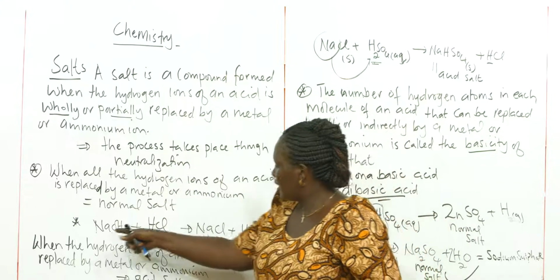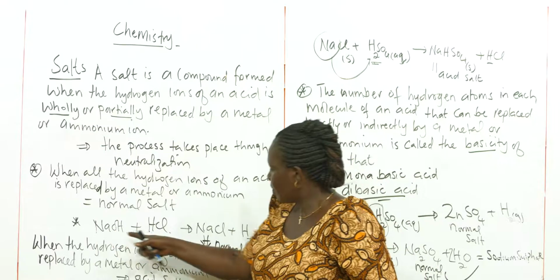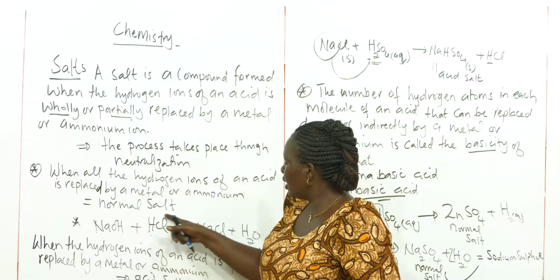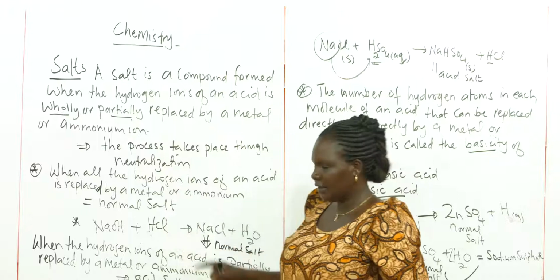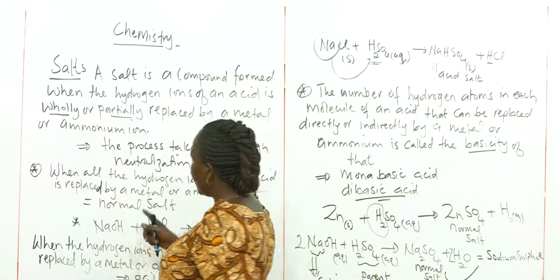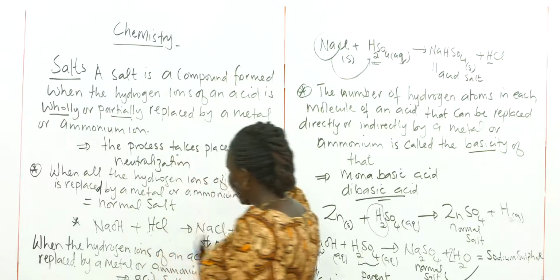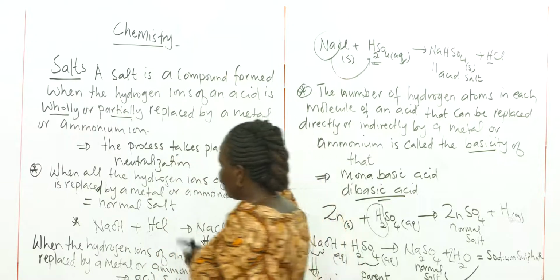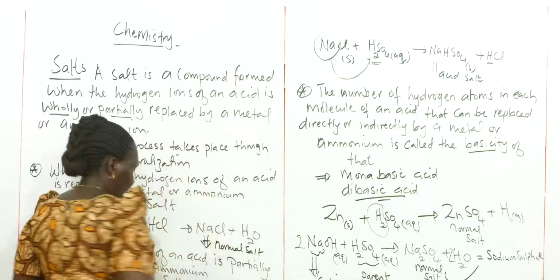That is the name of the metal, sodium, and then chlorine from the parent acid. So salts are named based on the name of the metal that displaces the hydrogen plus part of the parent acid.